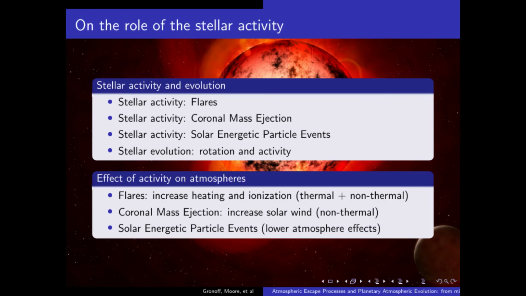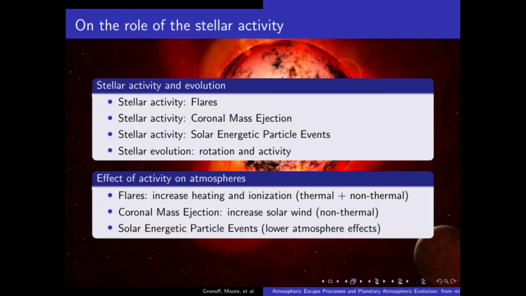After looking at the question of the different processes that lead to the escape of the atmosphere, it's important to look at the role of the stellar or solar activity and its change in time. A star has a lot of activity that can be really changing with time.